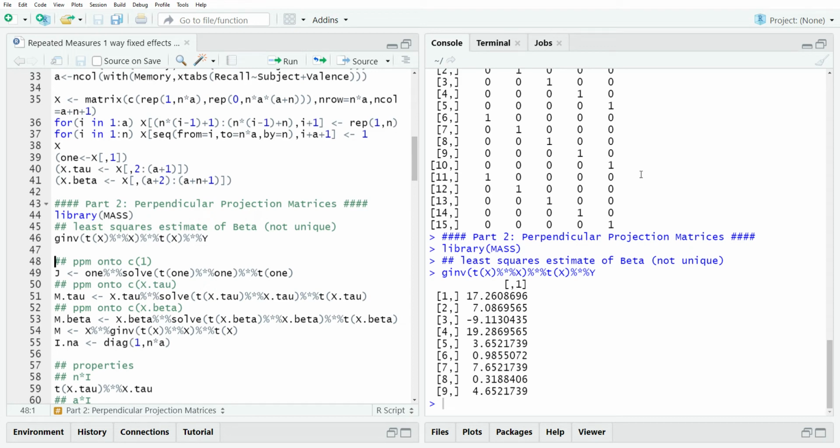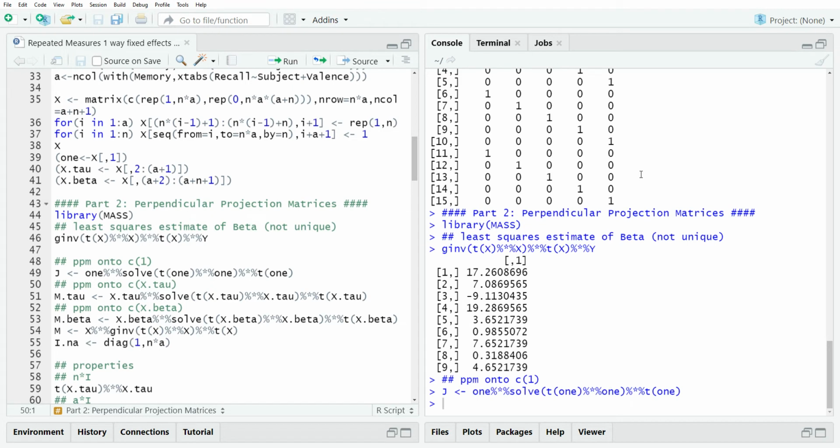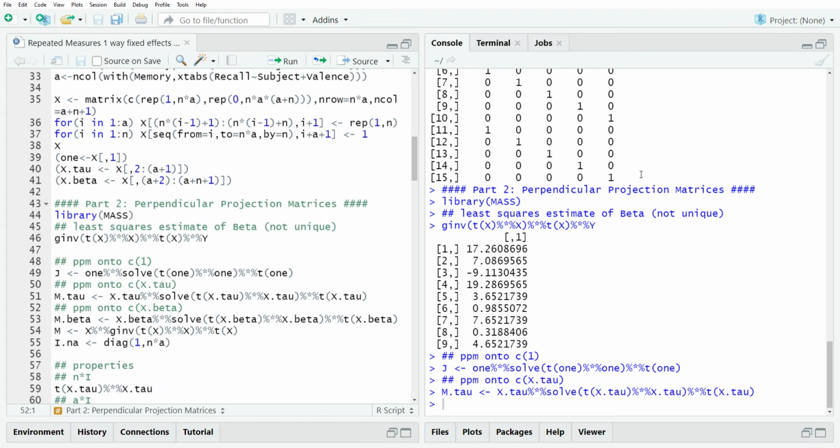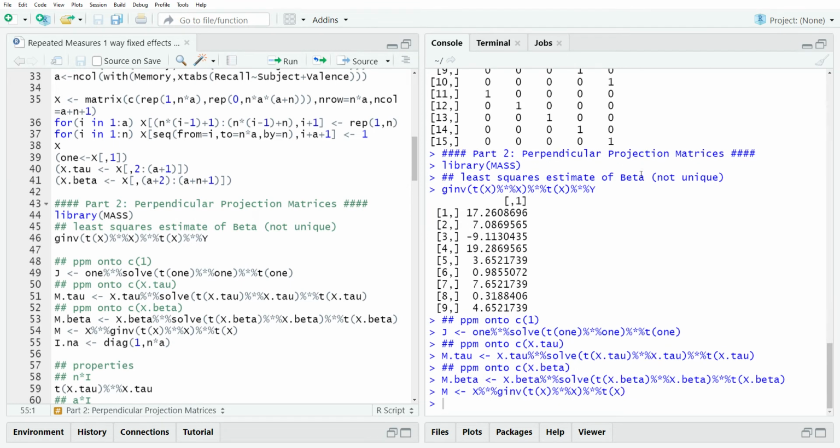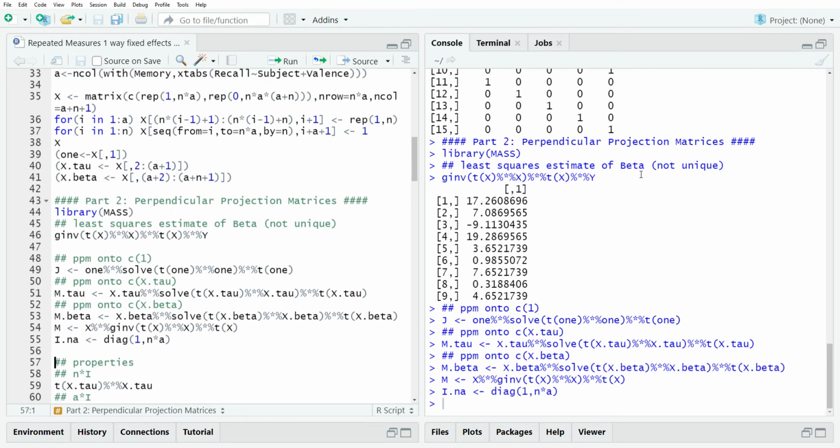It's not unique. The perpendicular projection matrix, we calculated J, M tau, which is associated with the column space of x tau, and then M beta, M, which is the perpendicular projection matrix for the column space of x, the whole design. And then I is the identity matrix.